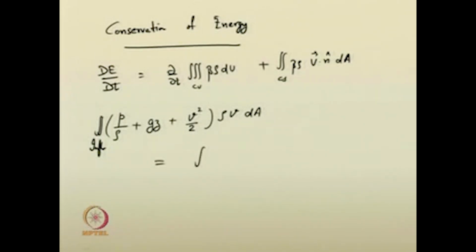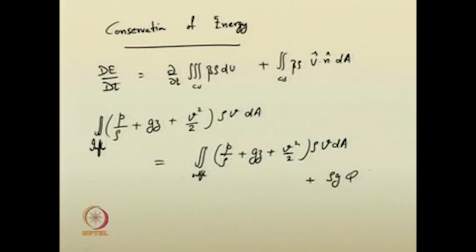This is equal to, in the outflow section, P by rho plus G z plus V squared by 2, times rho V dA, plus rho G Q into the head loss between the two sections, sections 1 and 2. So, Q is the steady discharge, del HL is the head loss. It is also called the loss of mechanical energy per unit weight.